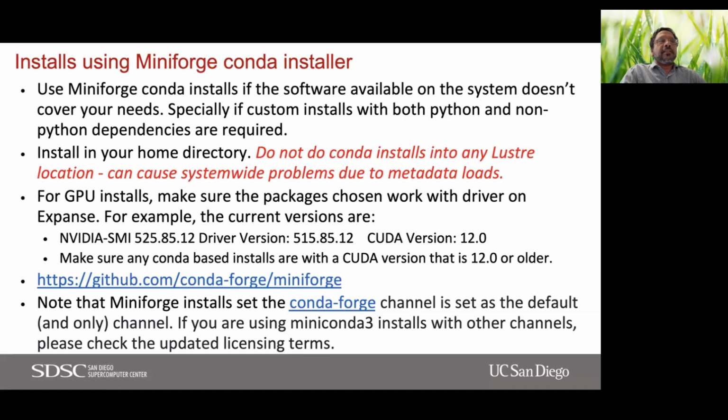Typically in those cases, we are not going to change the system-wide install, mainly because of dependency issues. If we try to satisfy everyone's Python requirements, it's almost impossible to get everyone's requirements into the same distro. So that is when we basically recommend doing conda installs.